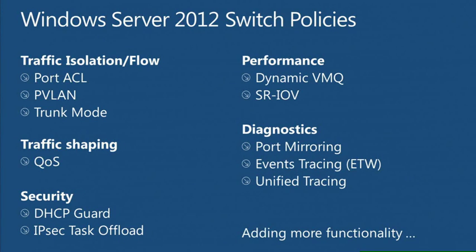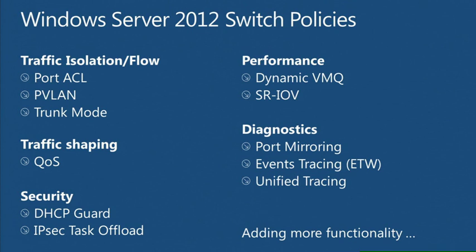Diagnostics. We had event tracing and unified tracing before, but what we've actually done is we've chained those all the way through the switch and made it available even on the edges of the extensions. We've also added some capabilities that will make it easier to turn those things on and off.